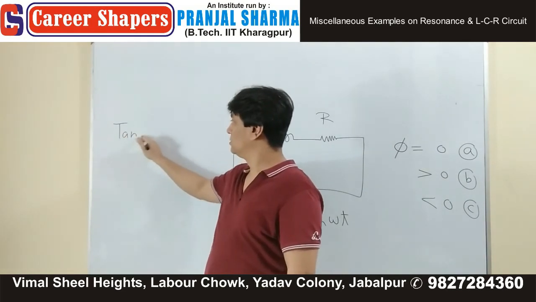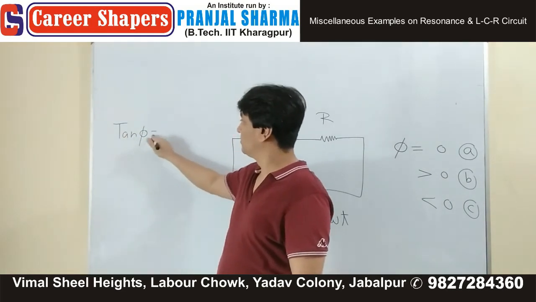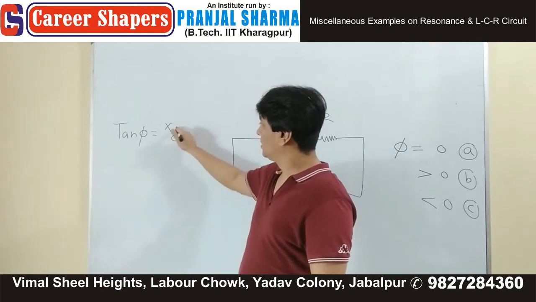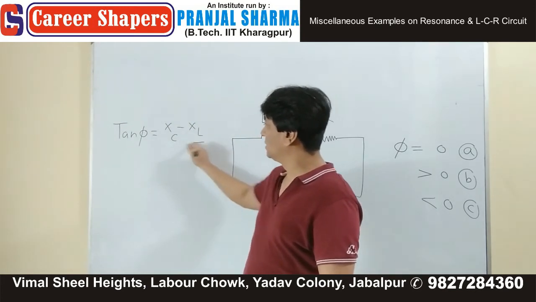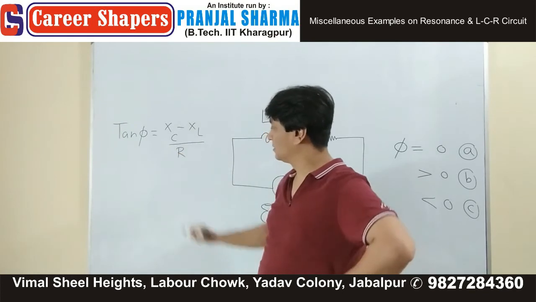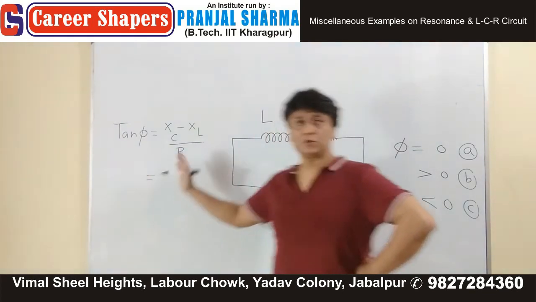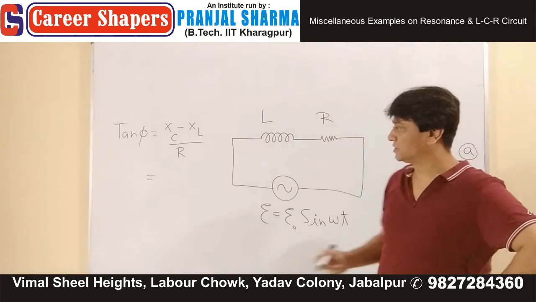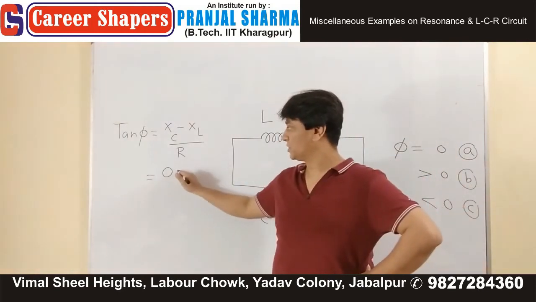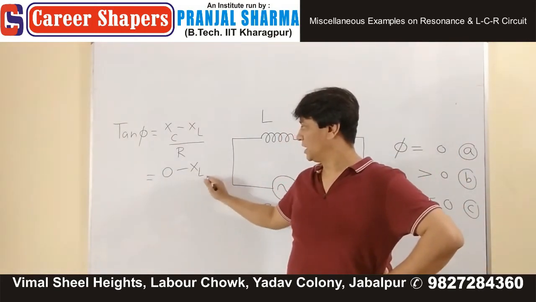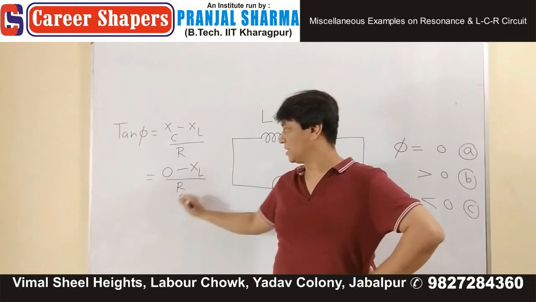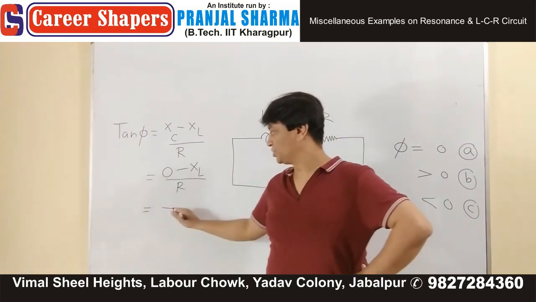Taking too long. What is tan phi? XC minus XL divided by R. There is no capacitance present in the circuit. This is 0 minus XL divided by R, which is a negative number.